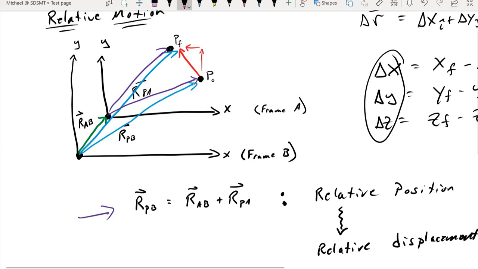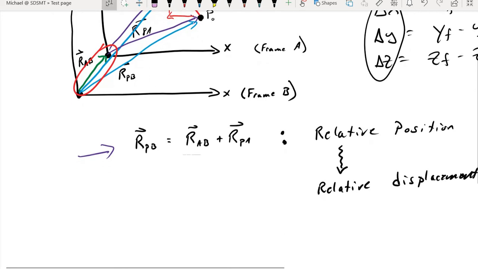But those same values can be shown using the difference in the vectors that are drawn from either the A reference frame or the B reference frame. The only thing that doesn't change during this displacement is the definition of how our reference frames move. Because right now we're assuming that our reference frames are locked in place.